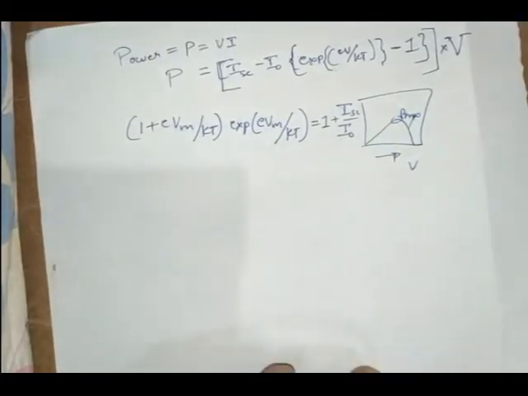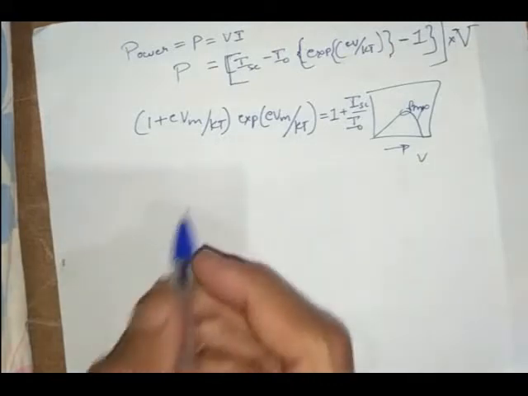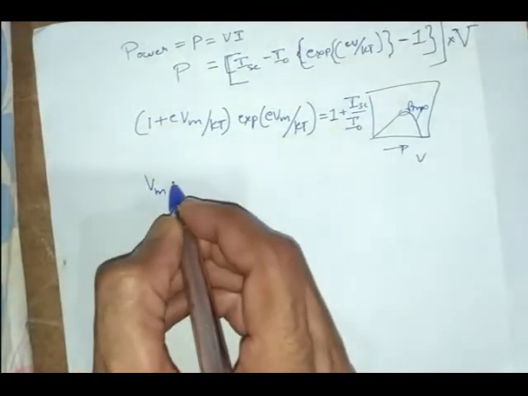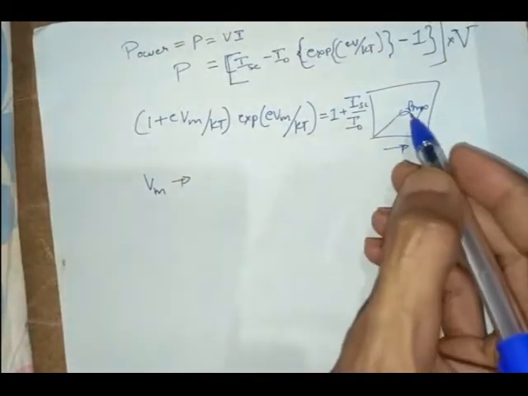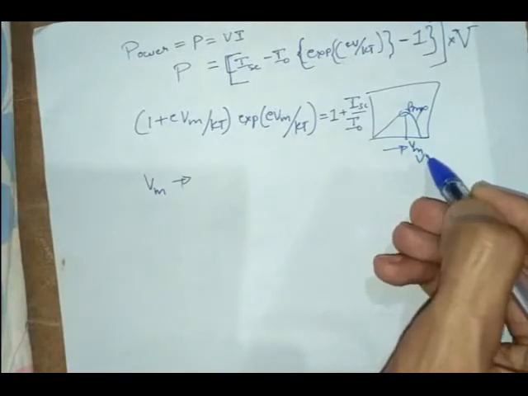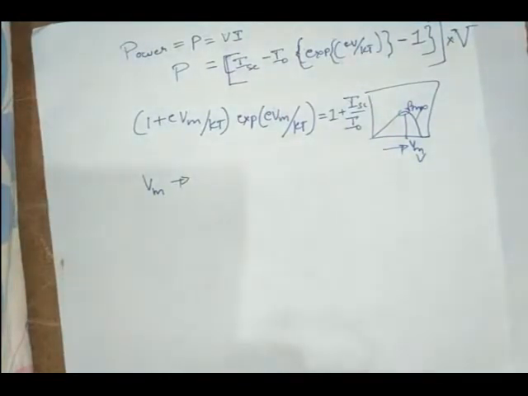Then the voltage Vm is the voltage at which we will get the maximum power. So this is the Vm. Actually we will be able to find out Vm here.